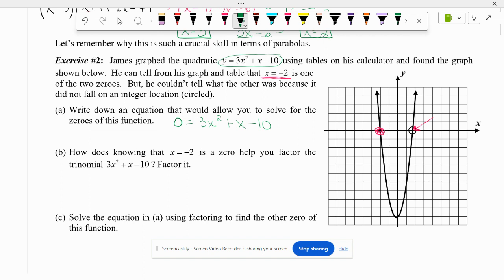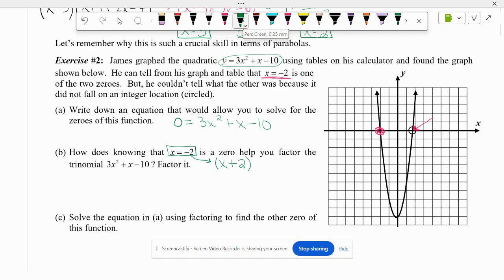Does knowing that help you factor the trinomial? Well, it lets us know one of the factors. Remember, if the root is negative, then the factor came from a positive. So I know one of the factors is x plus 2.